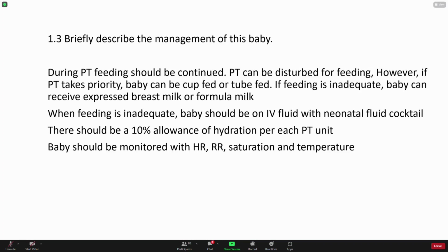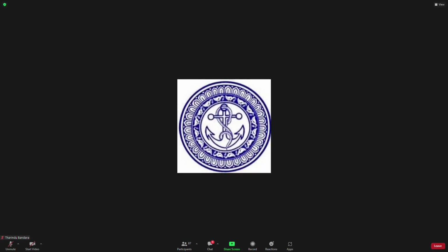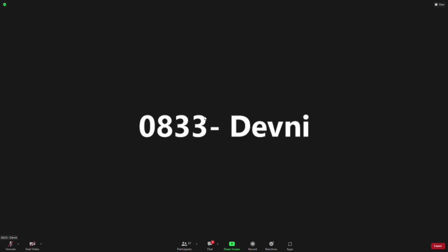What is the single most important step in the management of this child? A beta blocker like propranolol.